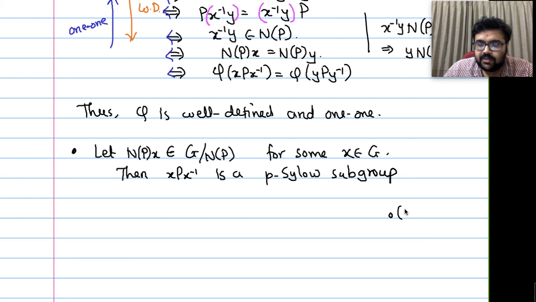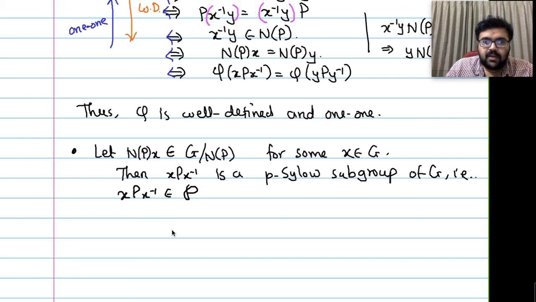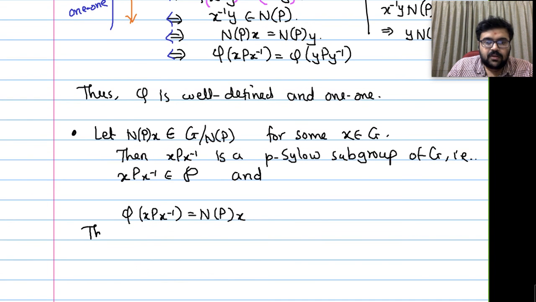Because the order of xPx inverse is the same as the order of P. So both have the same highest prime power order. So P is a p-Sylow subgroup, then xPx inverse is also a p-Sylow subgroup of G, right? This is in the collection of all p-Sylow subgroups, and apply phi on xPx inverse. This is nothing but N(P)x. This is where we started. So hence phi is onto.